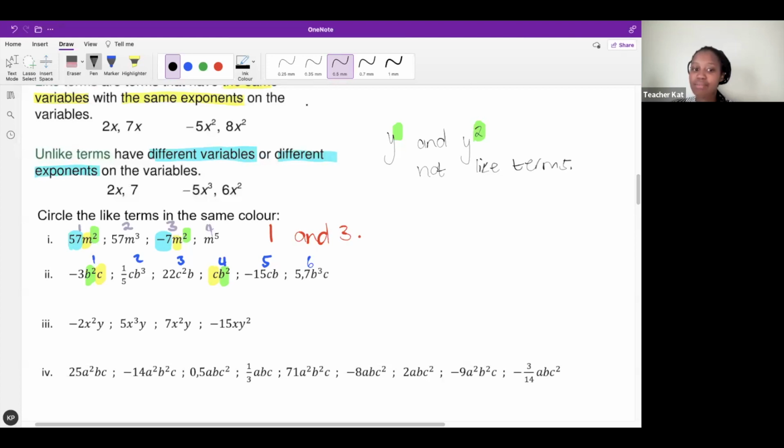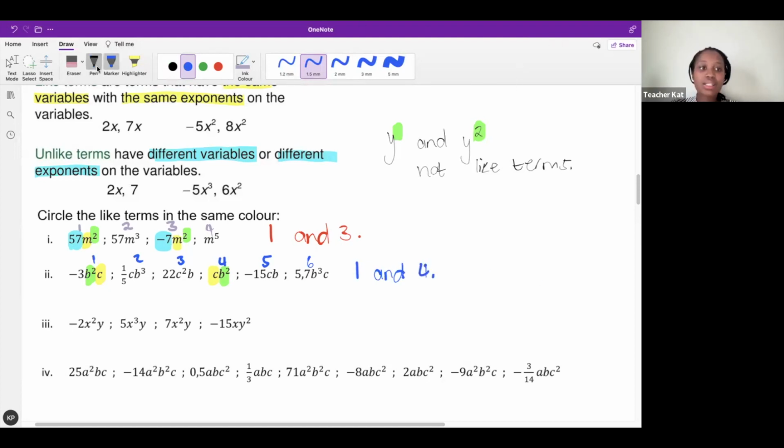Are those not the same variables? They are. So they do have the same variables, and do they have the same exponents at the right place? The B is squared and the C is on its own. Are those the same as well? Yes, so indeed, number 1 and 4 are like terms.